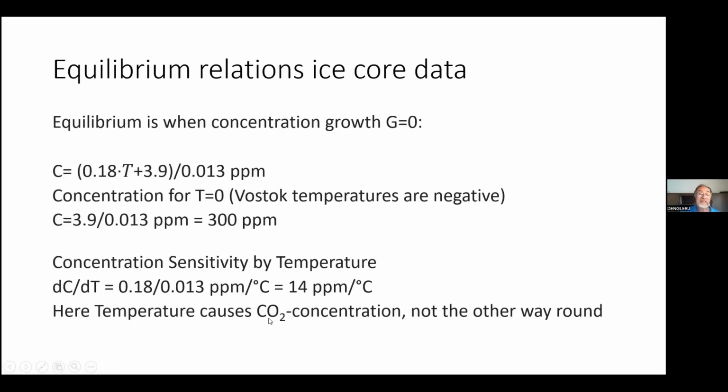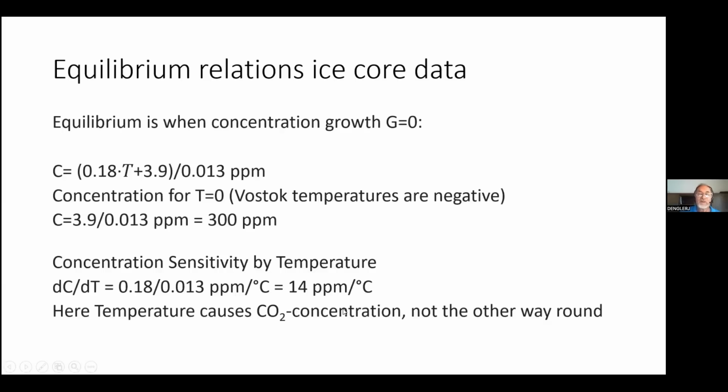Here, obviously, temperature causes CO2 concentration, not the other way around. And there seems to be also a unanimous, near unanimous understanding in mainstream science, as far as the Vostok data are concerned. At least 4 or 5 scientists agree that the causal direction is from temperature to CO2 concentration.